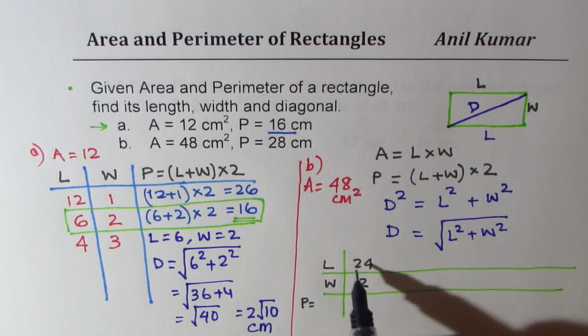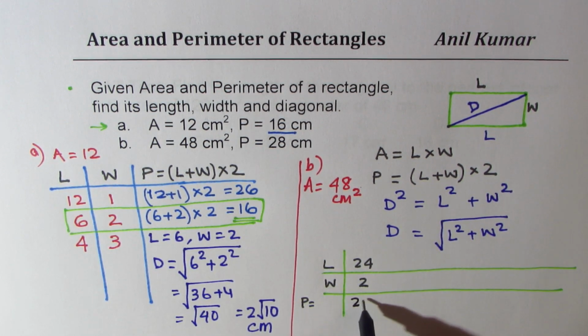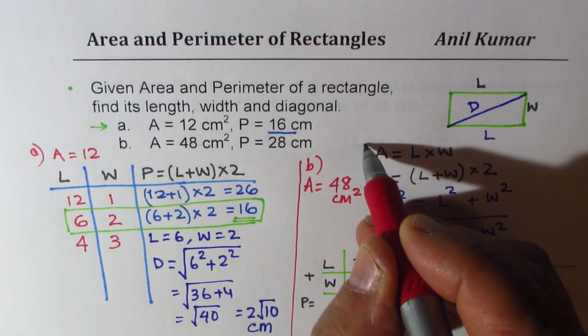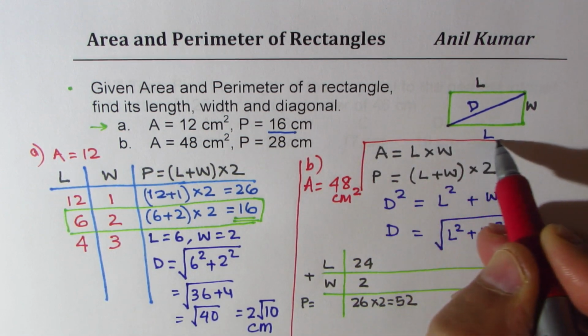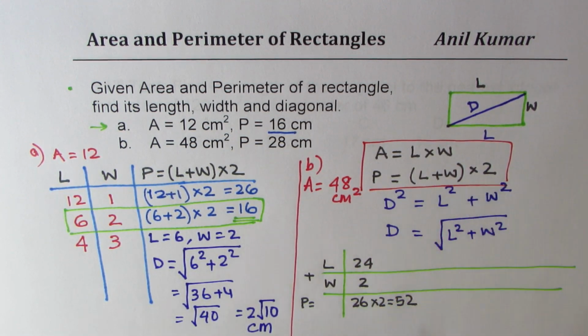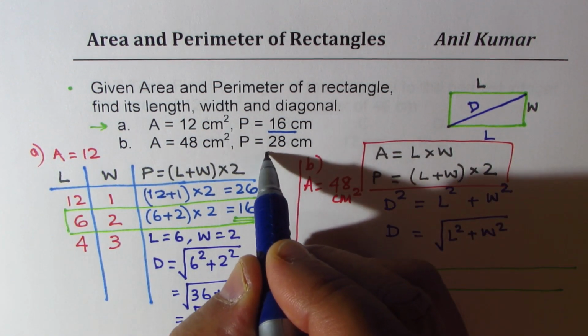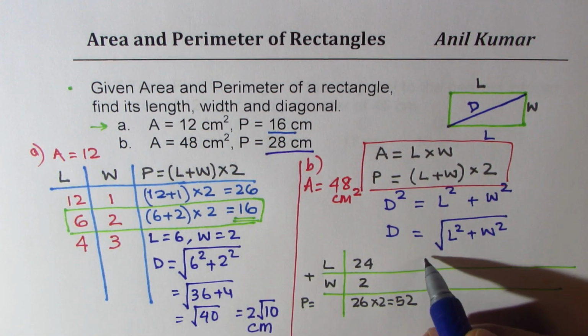So perimeter in this case will be 26 times 2, which is 52, correct? You add them to get perimeter and then multiply by 2, correct? That is what perimeter is. These are the formulas to be used. Clear? It doesn't work since what we need is 28, not 52, okay?